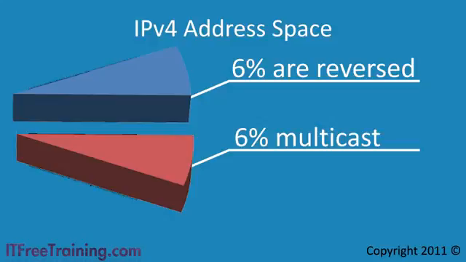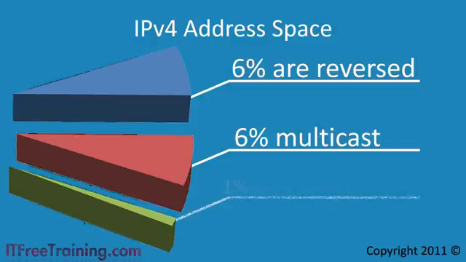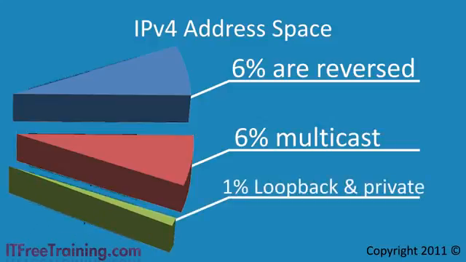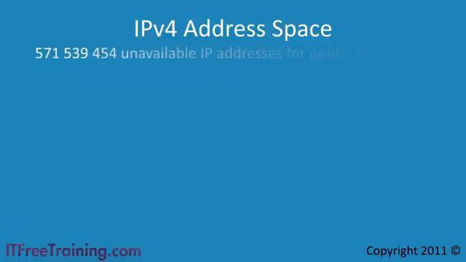Lastly, you have 1% that is used for loopback and private addresses. This means that 87% of the address space can be allocated and is routable on the internet. Or about 13% is not available for public use. This may not seem like a lot, but this translates to just over 570 million IP addresses.